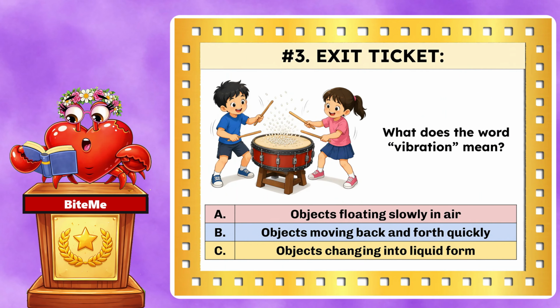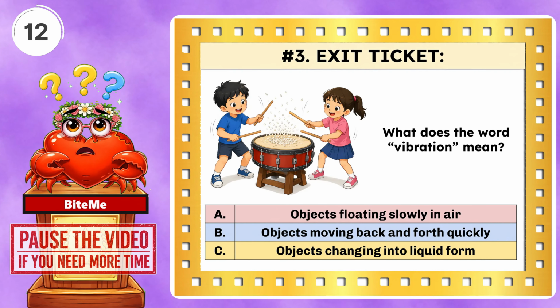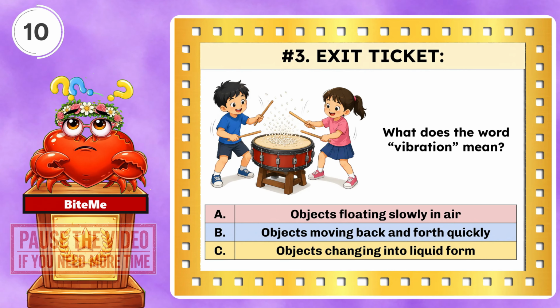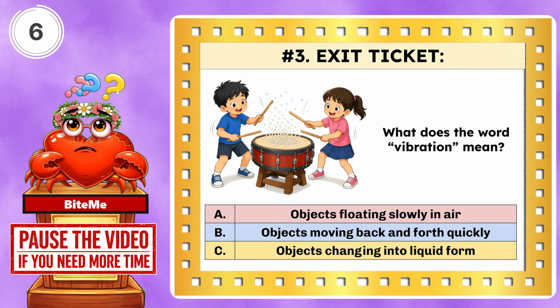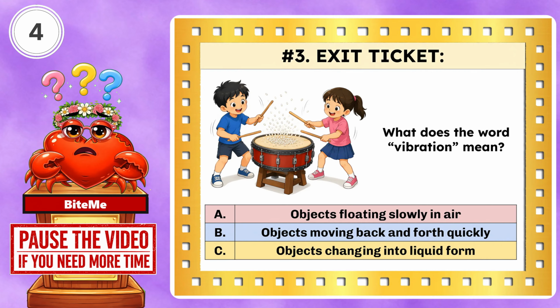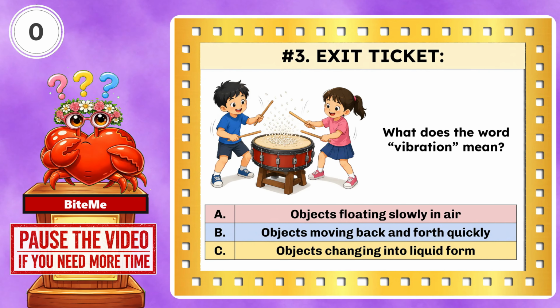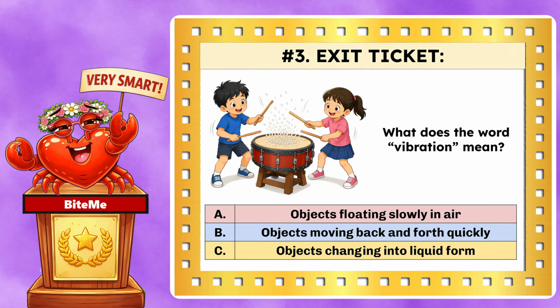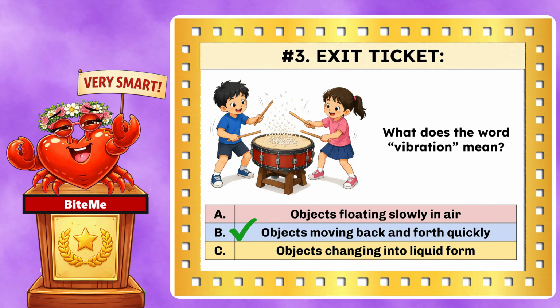What does the word vibration mean? And the correct answer is letter B, objects moving back and forth quickly.